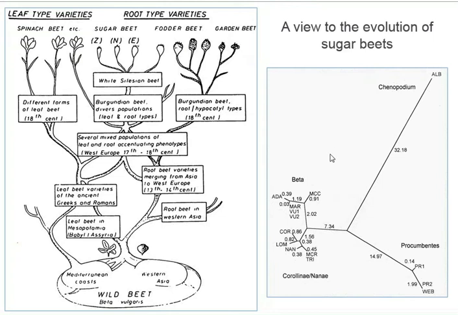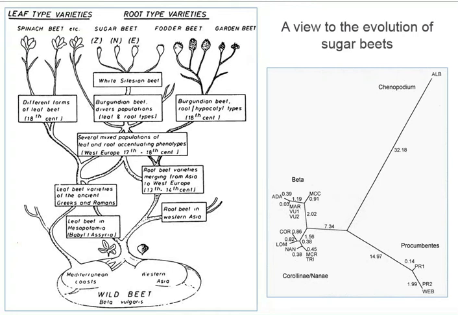So if we look at, this is one picture of an unrooted tree of genetic diversity. Here we have a complex, a tree that includes Beta maritima, or subspecies maritima, and Beta vulgaris, subspecies vulgaris, the cultivated types. So very, very tightly clustered together. So these are all freely intercrossable.